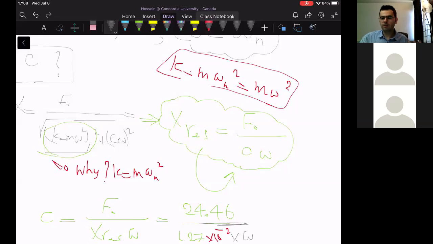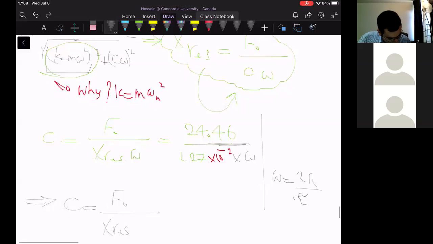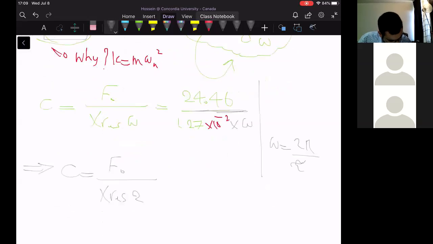So omega is not given to us. What we can do here is say that omega is 2 pi over tau. Tau, the period of oscillation, is given to us. So if I want to write it parametrically, C is f naught over x of resonance times omega, where omega is 2 pi over tau, which gives f naught tau over x of resonance 2 pi, right?